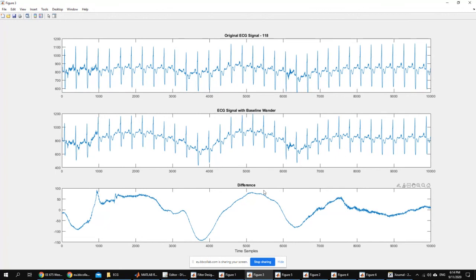First of all, if I compare this signal to the original signal here, which one has more low frequencies, and which one has more high frequencies?